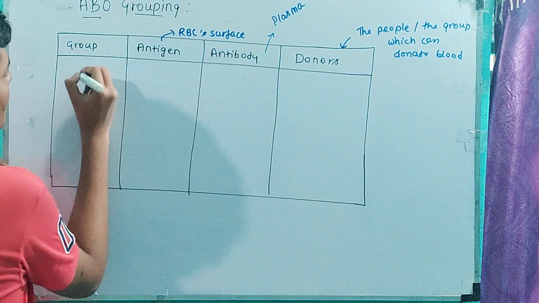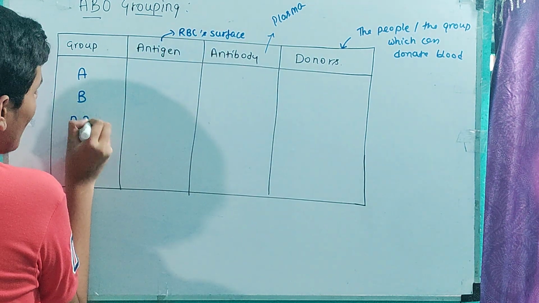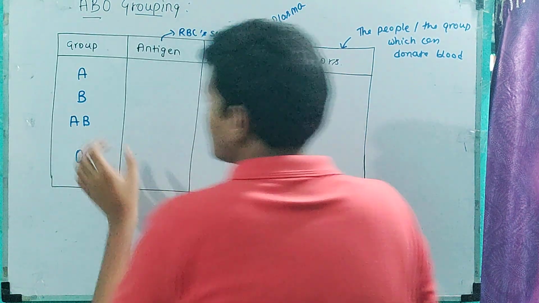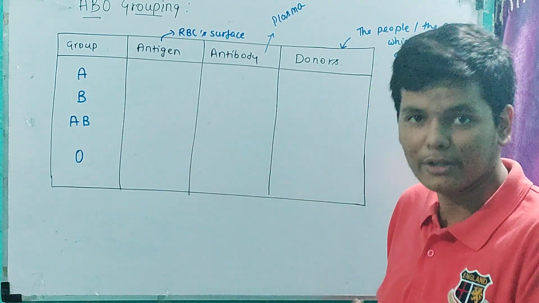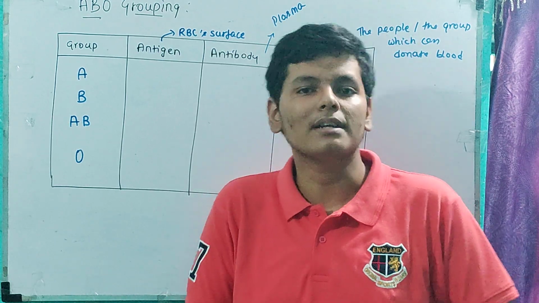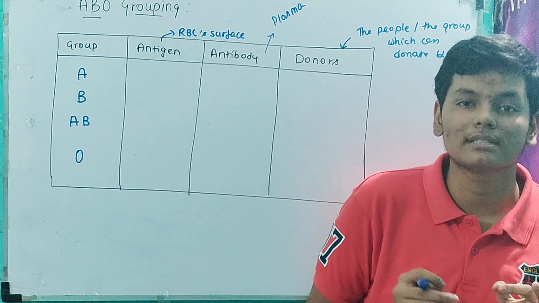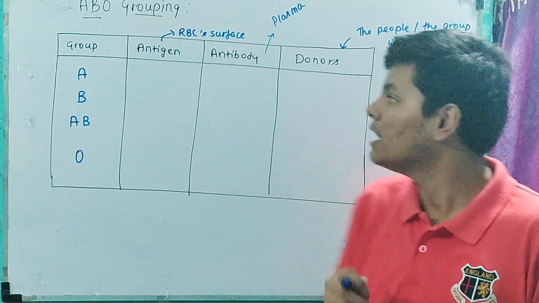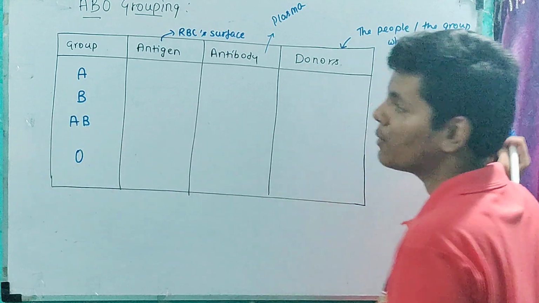There are four major groups: A, B, AB and O. If you see the blood group of any individual, there are usually these four blood groups. There are also different types of grouping such as Bombay grouping, but those are exceptional and very rare cases. We'll be discussing the major and important ones. So there are four groups: Group A, Group B, Group AB and Group O.